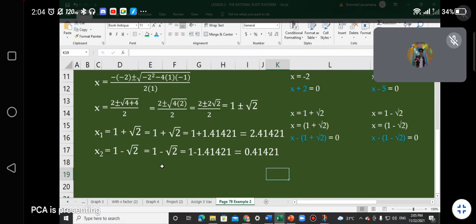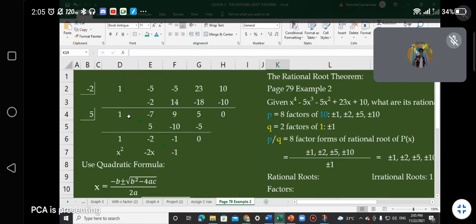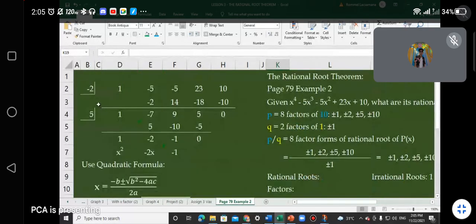But there's no way for you to be checking your work. There's no time. If you want to have this 1 plus square root of 2 as one of the roots coming from this quadratic formula, there's no way. It will eat your time. 1 minus the square root of 2, there's no way.